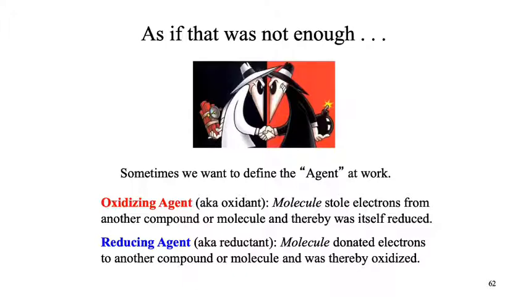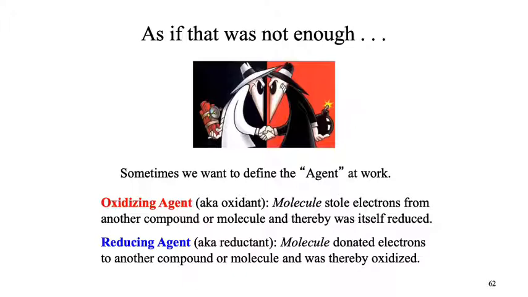So an oxidizing agent is the thing that caused something else to be oxidized. So if I'm an oxidizing agent and I cause you to be oxidized, what happened to you? You gained oxygens. We could do that. You lost electrons, right?